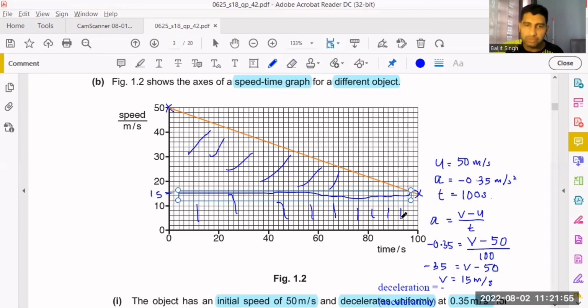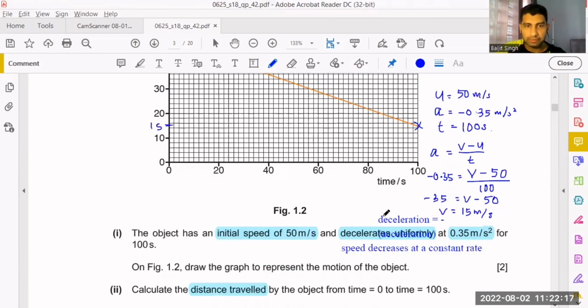So it's up to the student how they want to visualize this. I would prefer to look at one shape, which is the trapezium. It means I have to know how to calculate the area of a trapezium using the formula, because the less calculation you do, the lesser the chances of errors.